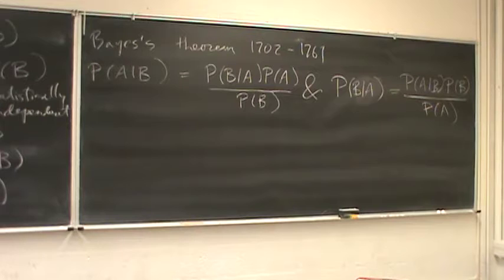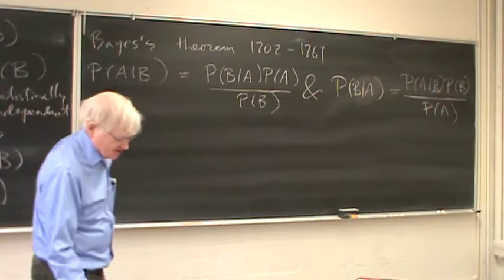How could they be wrong? And yet, when we start applying them in particular cases, all of a sudden we get very surprising results, which are correct, actually, but they're still surprising results.